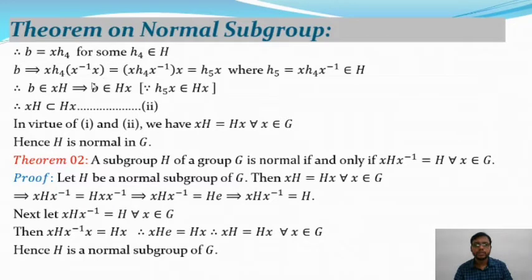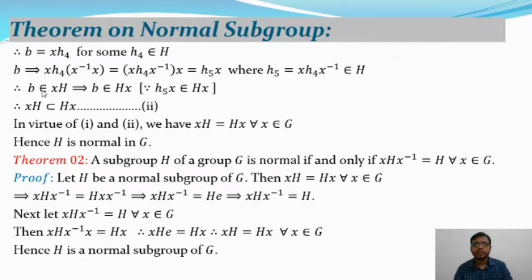And you know that xh4 x inverse belongs to capital H, so it can be written as h5, where h5 is equal to xh4 x inverse and belongs to H. So this is equal to h5 into x. So b belongs to xH implies b belongs to Hx, where h5 belongs to H, that is h5 into x belongs to Hx.